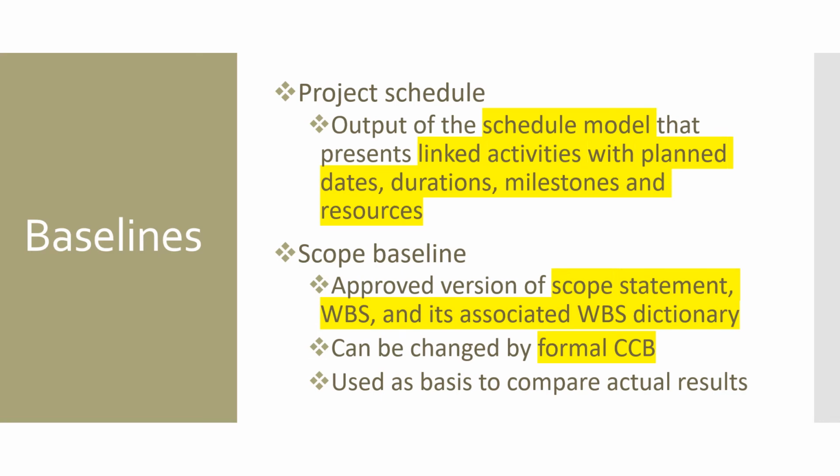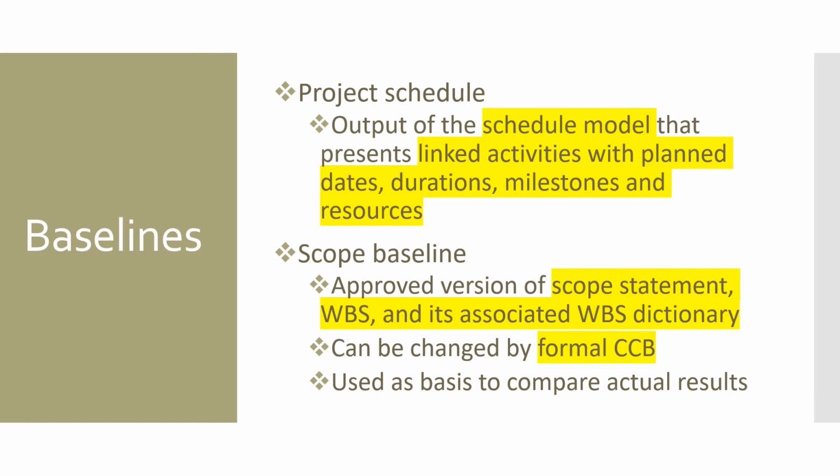The fourth and fifth are project schedule and scope baseline. Project schedule is an output of the schedule model that presents linked activities with planned dates, durations, milestones, and resources. Essentially, it will talk about all the activities included in the WBS, along with the planned start and end dates, effort required, duration, along with the milestones and the resources utilized.